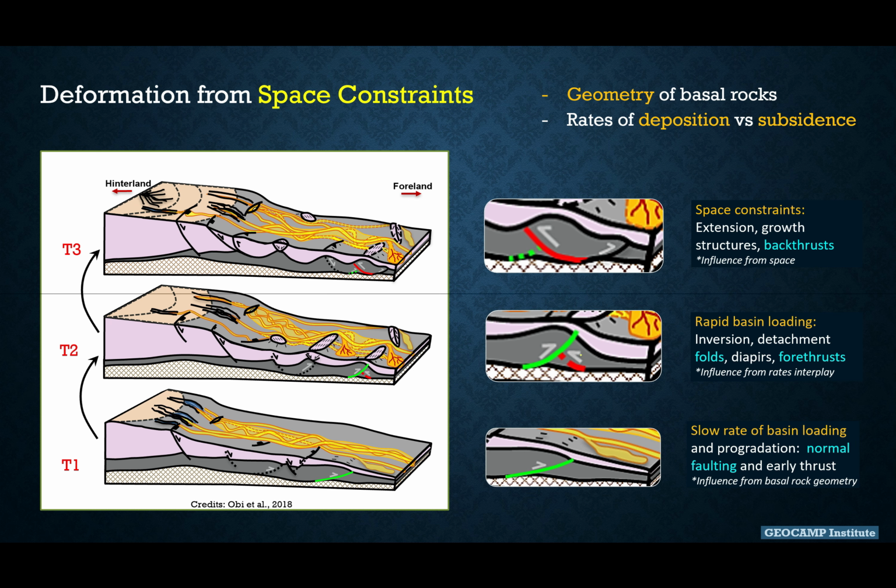That is because this whole package that is moving in this direction at time t2, because of the difference in the rates, at a point reaches what we call space constraint, and that triggers a backstepping of the whole rock mass, and that triggers the development of this fault in the opposite direction. That is opposite to the direction of deposit inflow in this area.